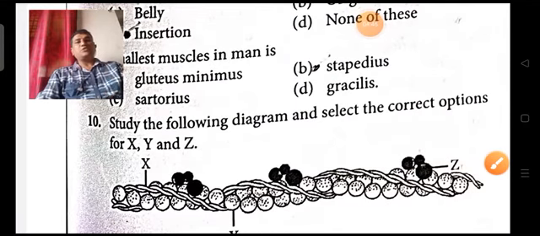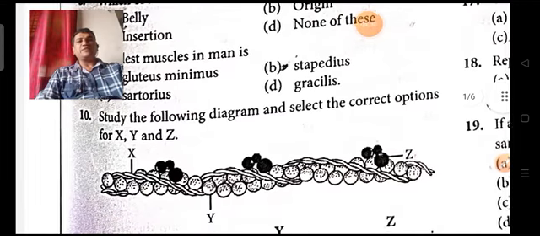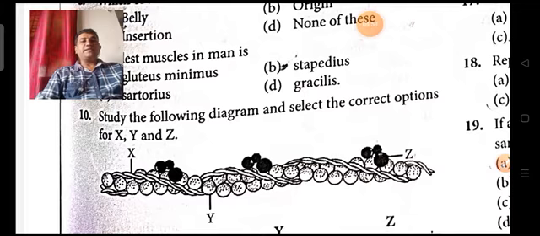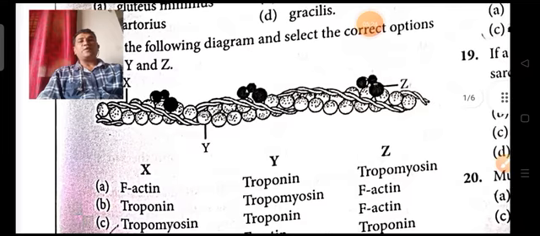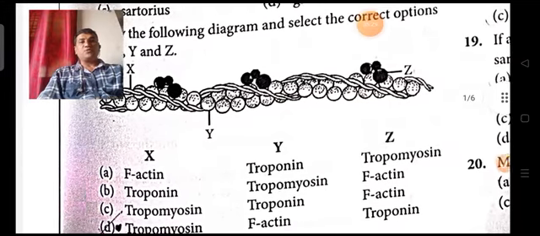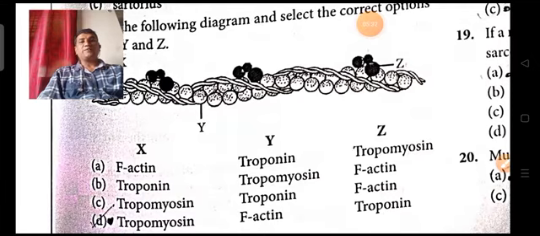Next, the tenth question is given with X, Y, and Z. X is tropomyosin, and Y is a filamentous protein, or a globular protein which is formed into a filamentous protein, and Z is the troponin molecule. So we need to find the correct options. X is tropomyosin, and Y is F-actin, G-actin formed into F-actin.